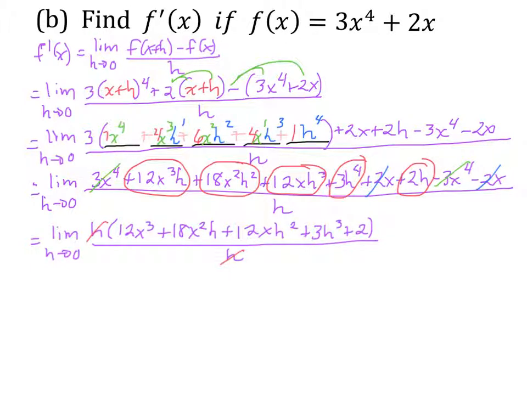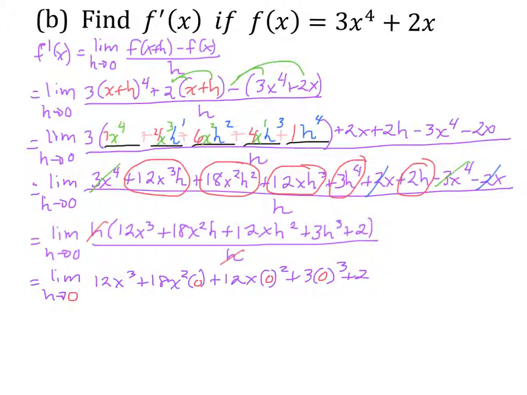And so our almost final step is the limit as h approaches 0 of 12x cubed plus 18 times, oops, not times yet, 18x squared times 0 plus 12x times 0 squared plus 3 times 0 cubed plus 2.